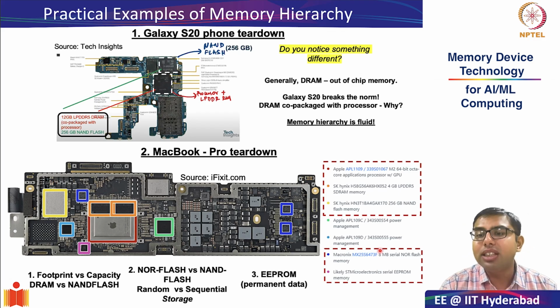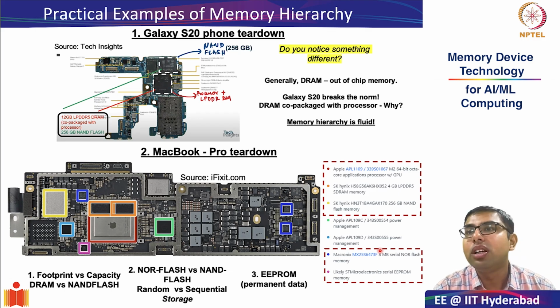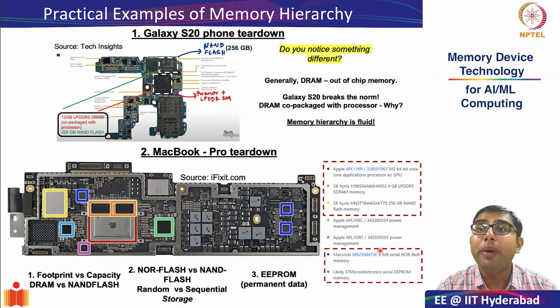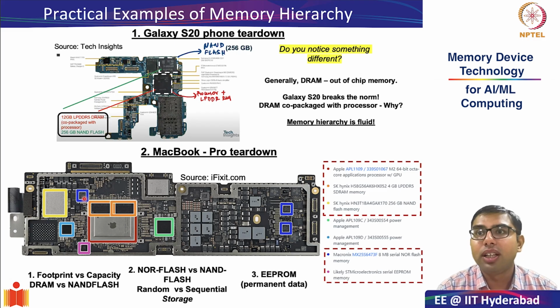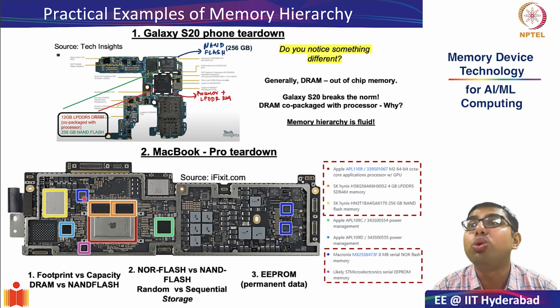Important thing to understand is, why would you want a NOR flash in this kind of cells? Because there can be some permanent data. Remember, DRAM cannot store data permanently in the sense that it is essentially volatile. So there might be some application such as running the boot code right when your chip is booting up. You might want some information which is permanent, but you want to access it as soon as possible.